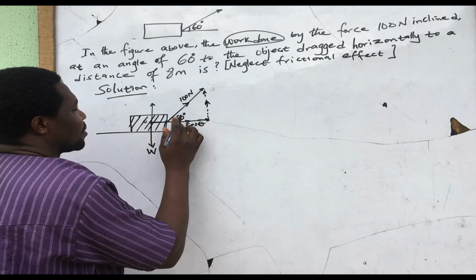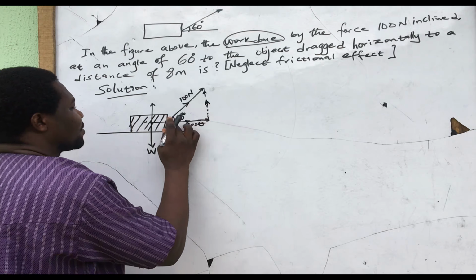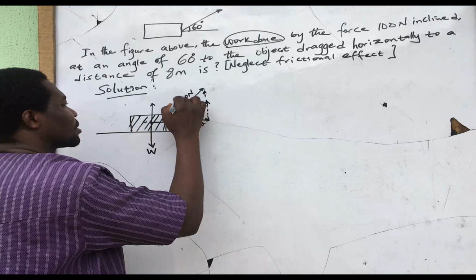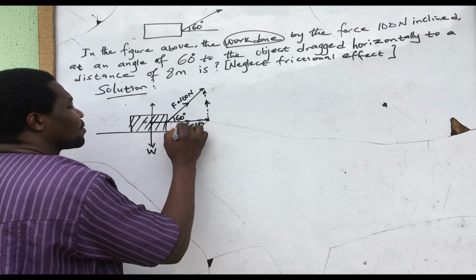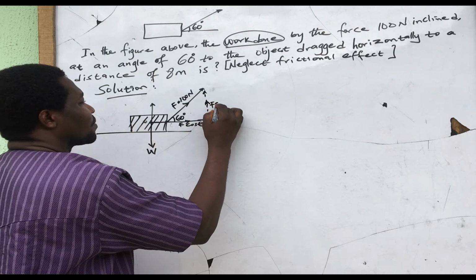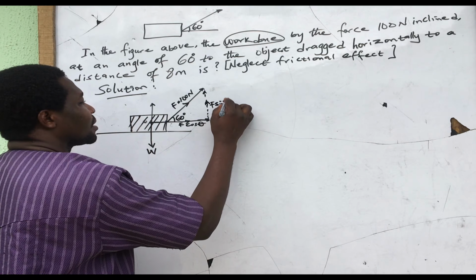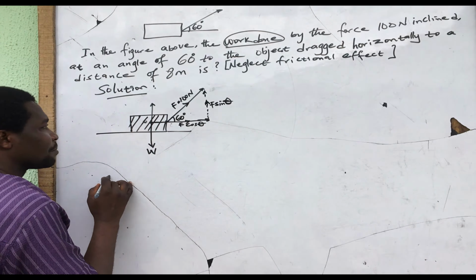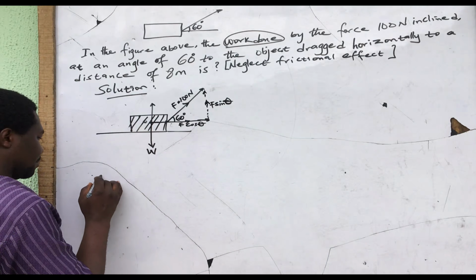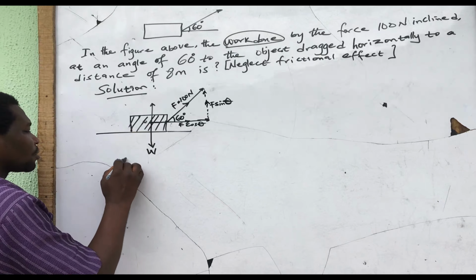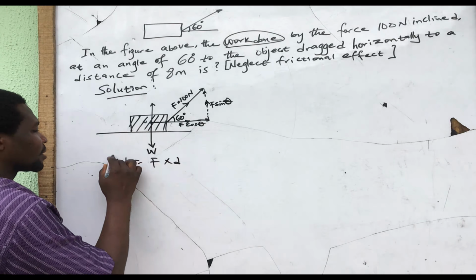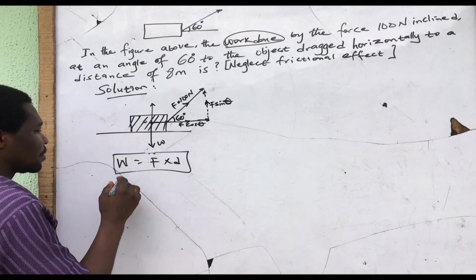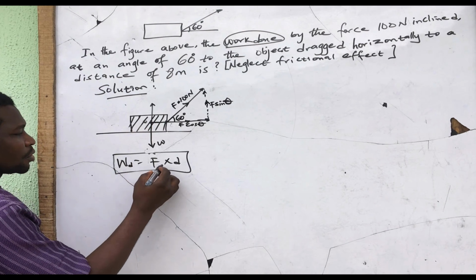So our F equals F cos theta for the horizontal component, and F sin theta for the vertical. Work done equals force times distance.